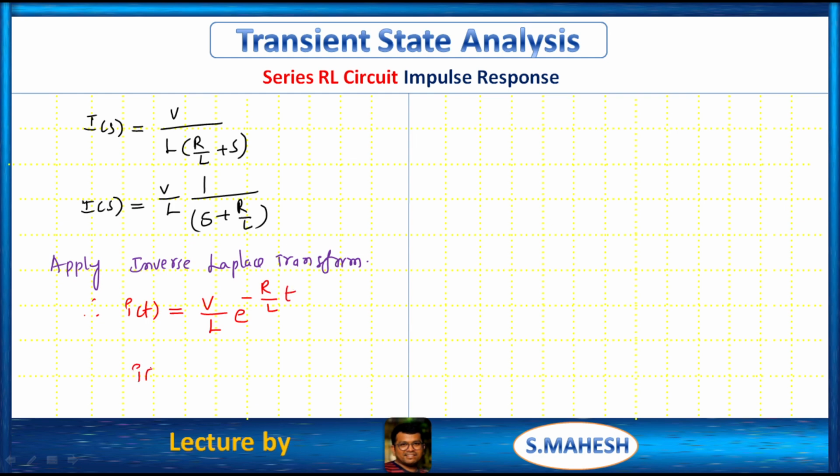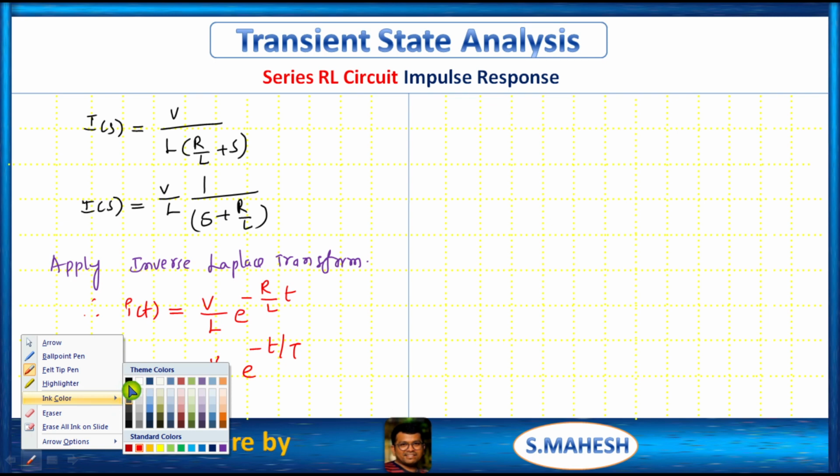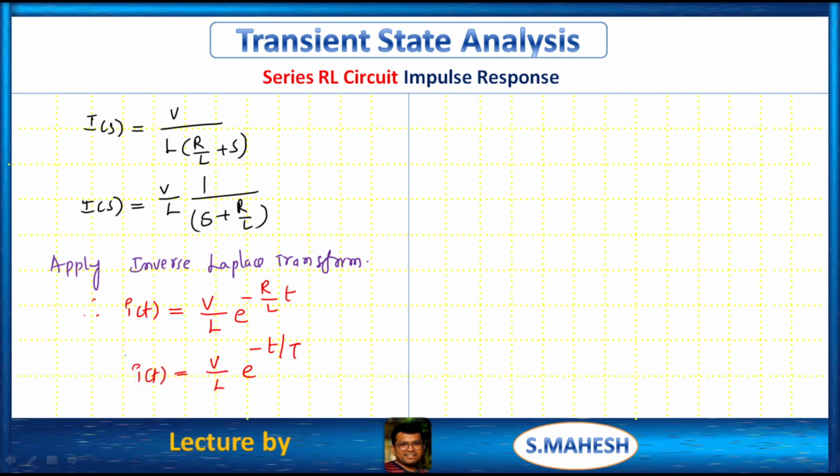We can write i of t equals V by L e power minus t by tau, right? This is the response, where tau equals L by R. That's it. So this is the response.